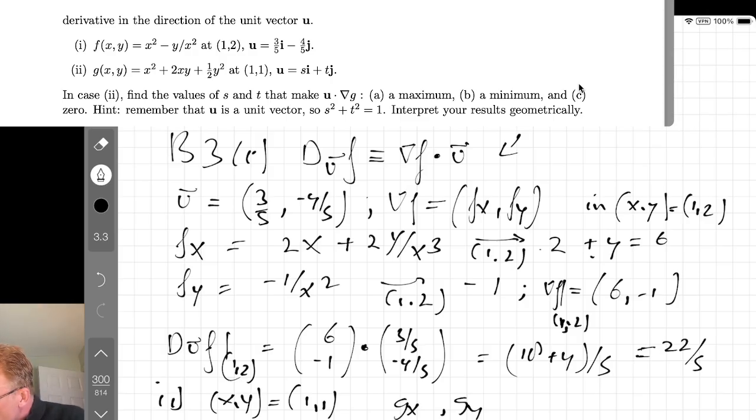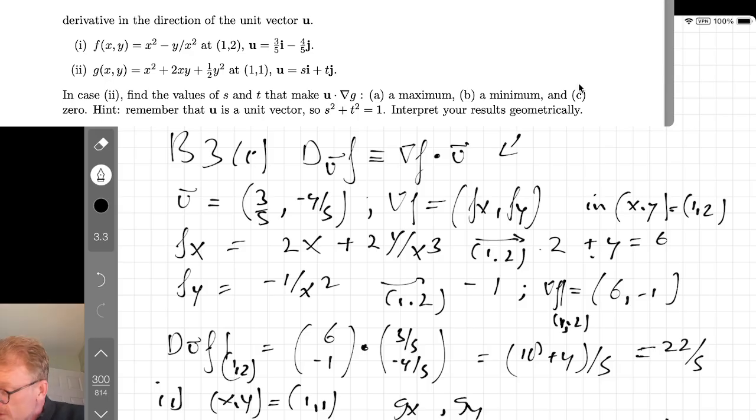Remember that this is also defined as the modulus of grad g, the modulus of u, which is 1, times the cos of theta, where theta is the angle between grad g and u.